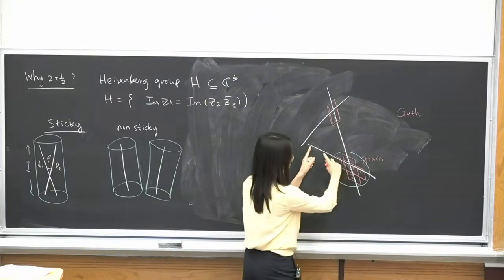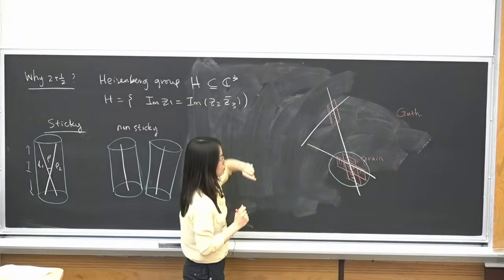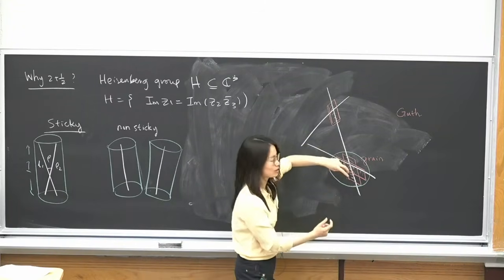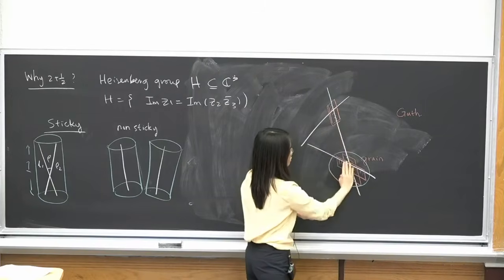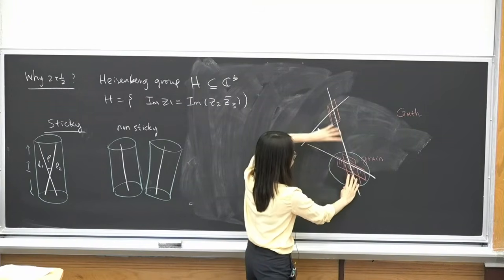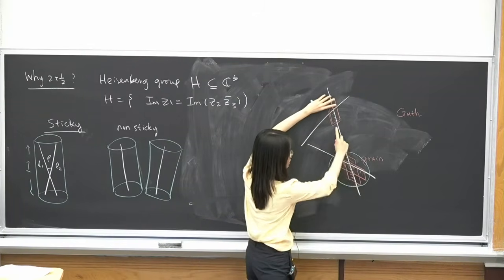So previously, at least several years ago, I thought that since the difficulty is that the grains sort of rotate, maybe one should try to understand how the directions of the grains on the same line behave.